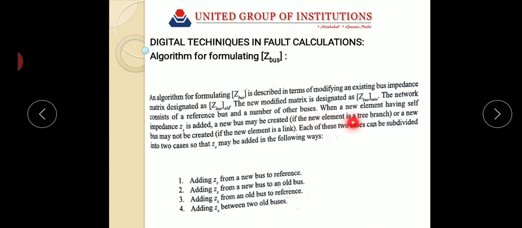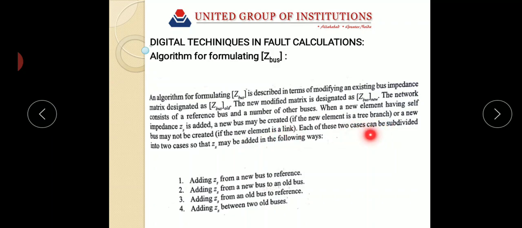If the new element is a tree branch, if you remember the concept of graph theory in network analysis, you remember the tree and link. So if the new element is a tree branch, a new bus is created, or a new bus may not be created if the new element is a link.